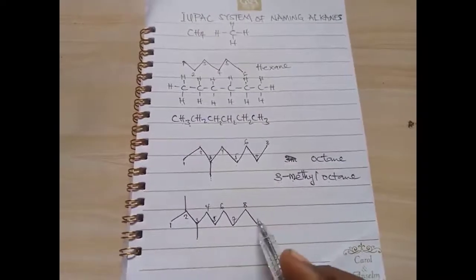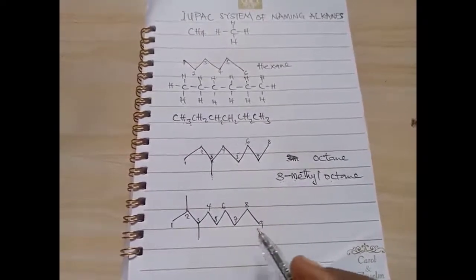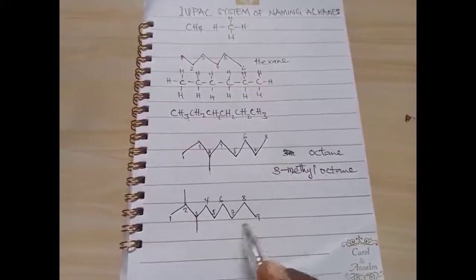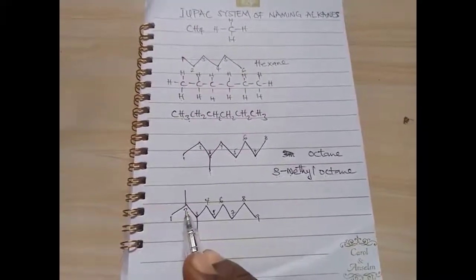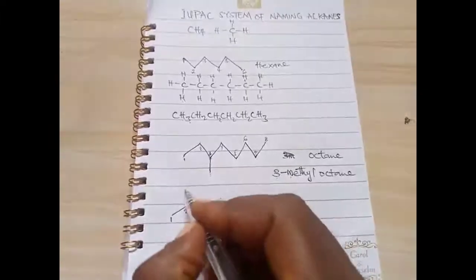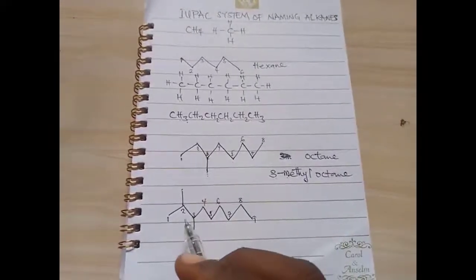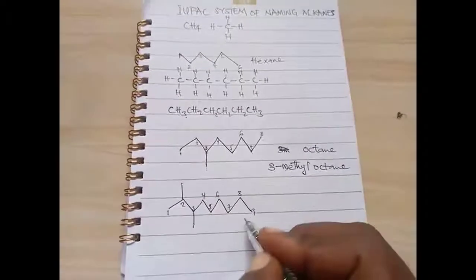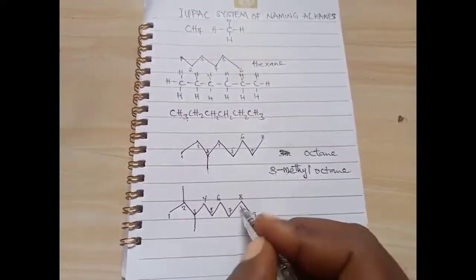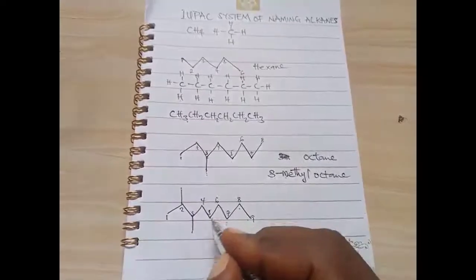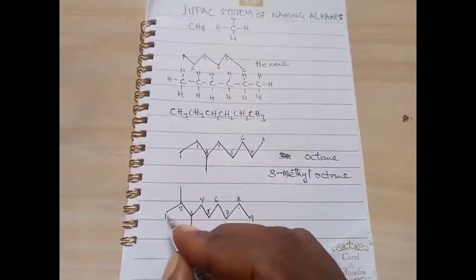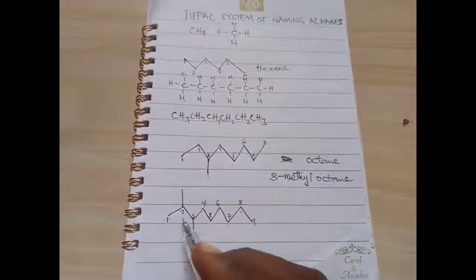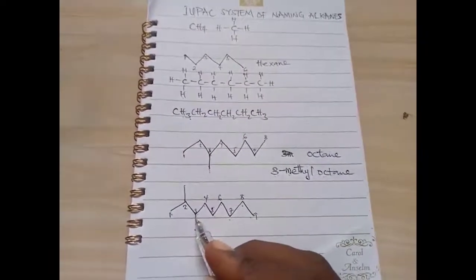Should we name it from left to right, or from the other side? If we name it from left to right, those carrying the methyl groups are the 2 and 3 carbon atoms. If we name from the other side, those carrying them will be 7 and 8. And remember, 2 and 3 are lower than 7 and 8.